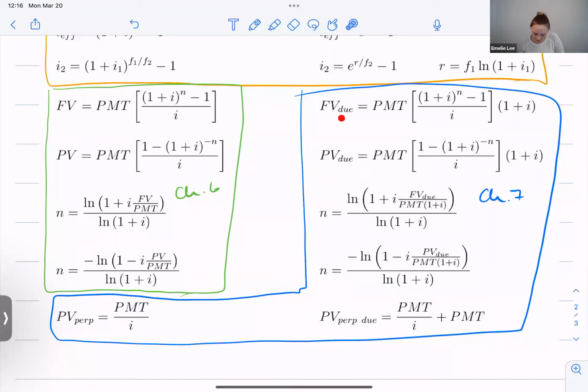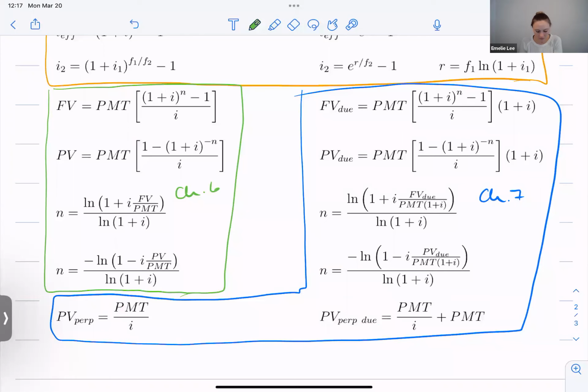And if you look across, there's really not that big of a difference in the formulas between the left-hand side and the right-hand side. And so that's the only change in chapter 7. And we'll talk about those. And then perpetuities are these bottom two, which are just kind of fun. Okay. And it's a fun idea too.